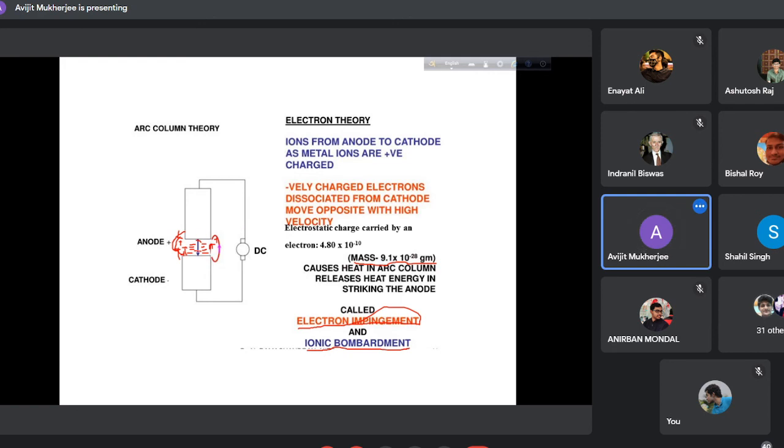When they are attracted and traveling with very high velocity and colliding, the kinetic energy of a single electron is given by half mv square. You know this kinetic energy is given by half mv square for a single electron.